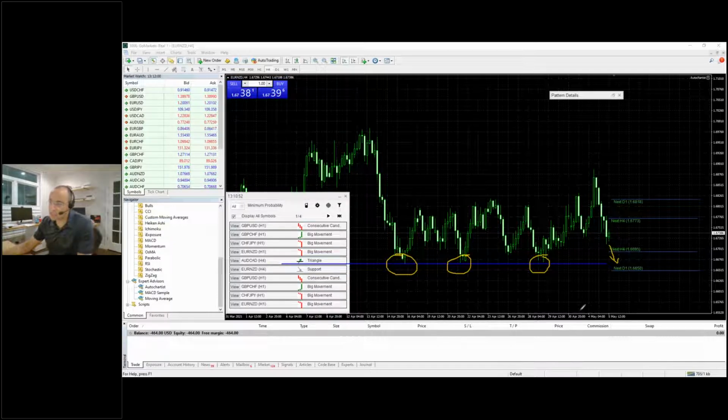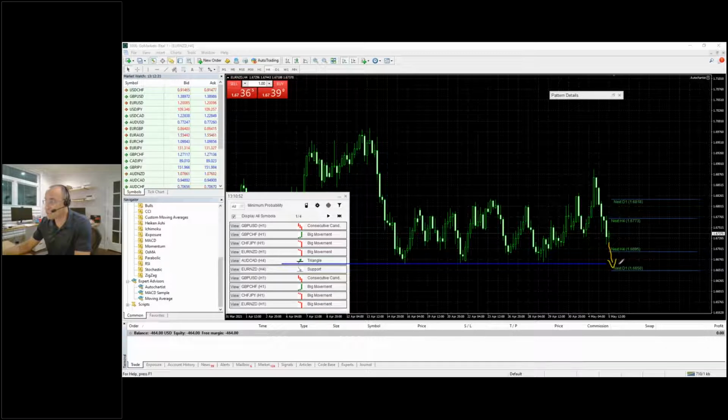Now, in today's webinar, we're not going to go into how to trade this exactly, right? There's actually 3 ways of trading this kind of trading opportunity. The first way is to take a short spot position with a take profit at this level it's approaching.